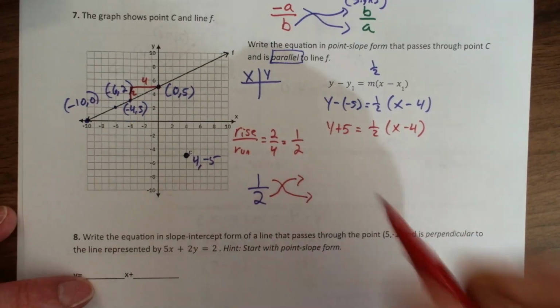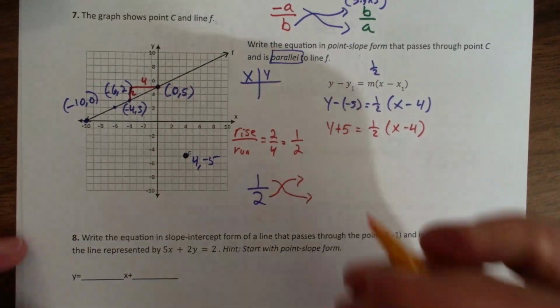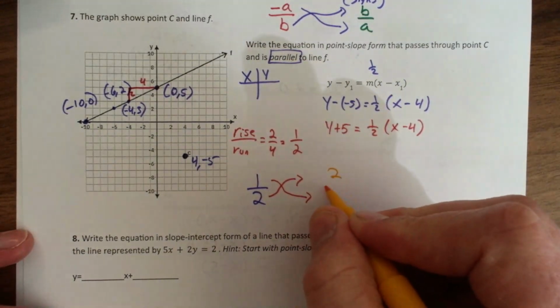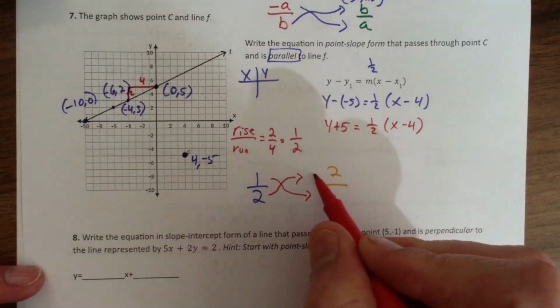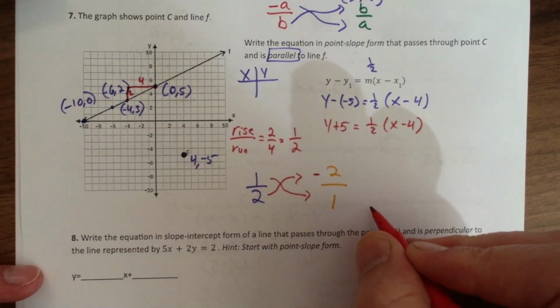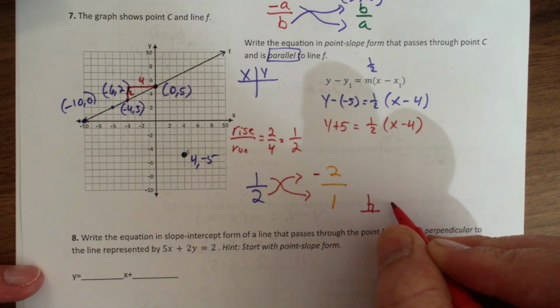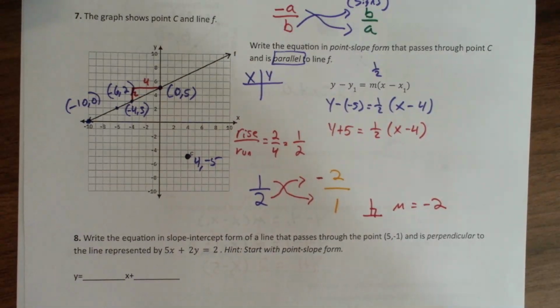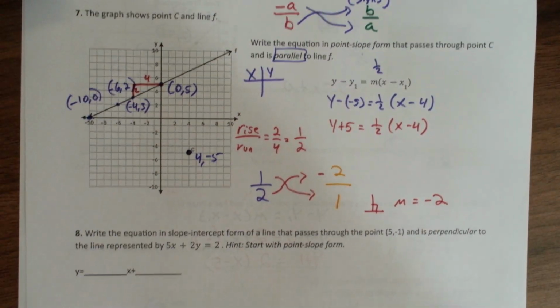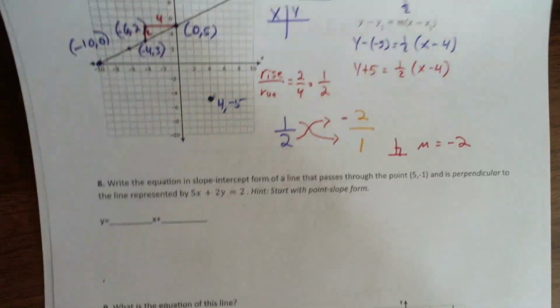So I flip these around. On top it becomes 2, on bottom becomes 1, and instead of a positive, it becomes a negative. So for perpendicular, this slope would have been negative 2.